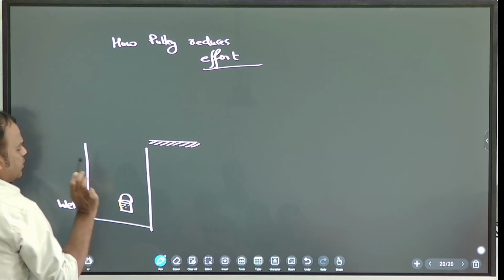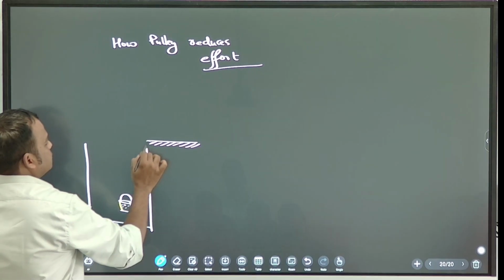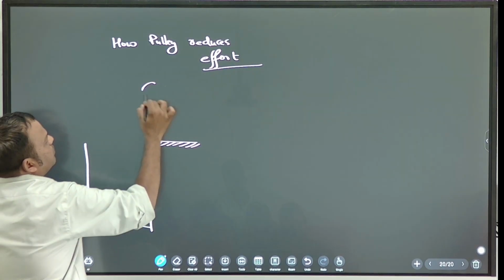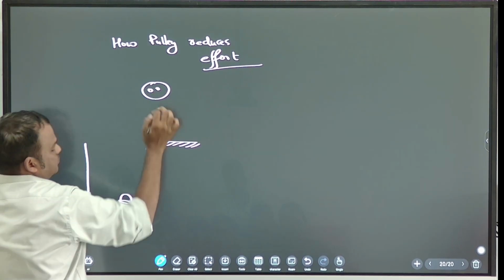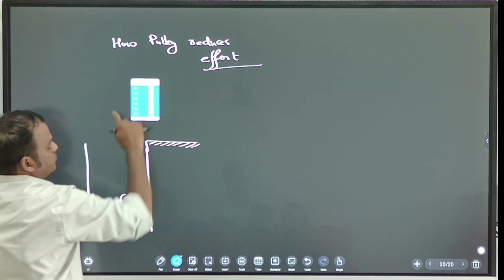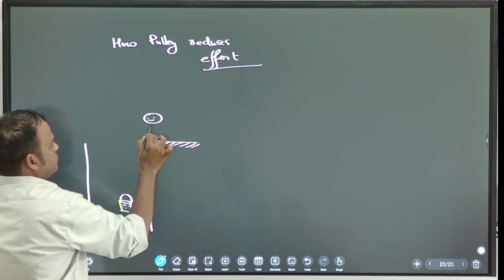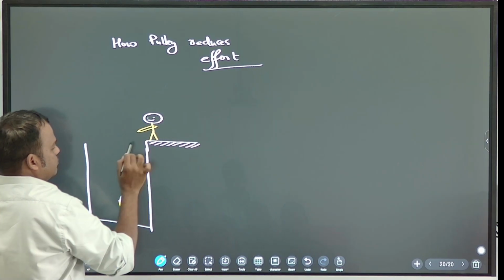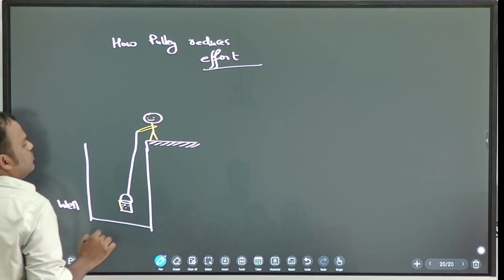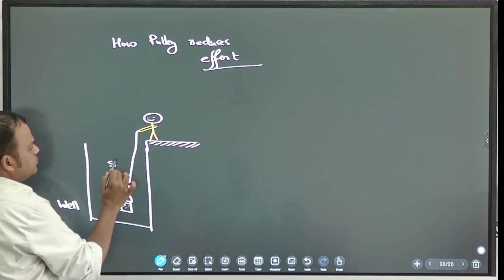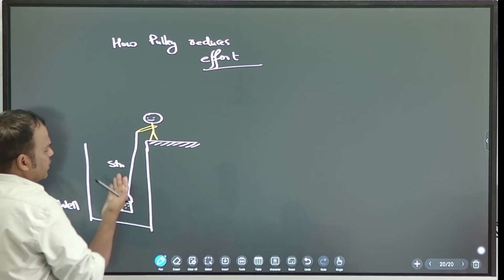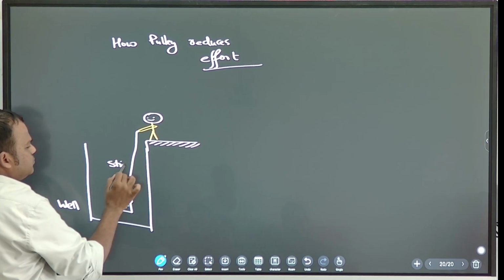This is the bucket of water. Now one person is there. This is a string, or you can call it rope also, no problem.